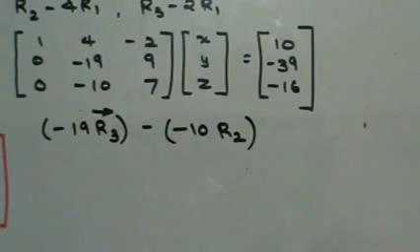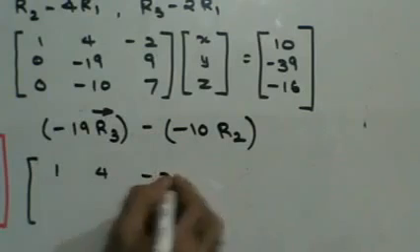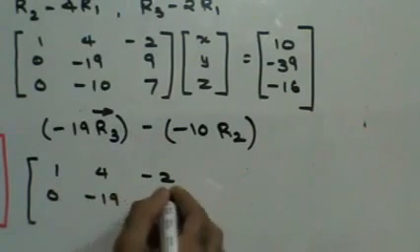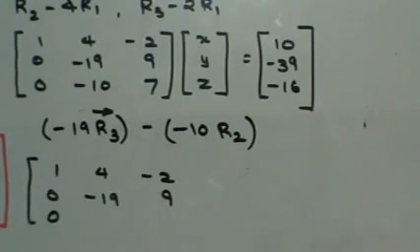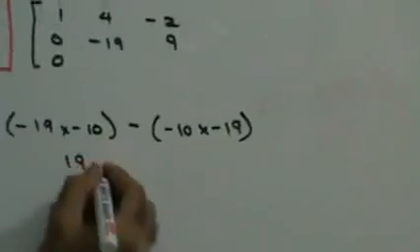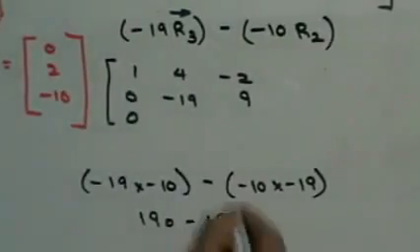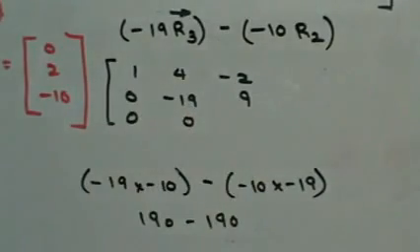Now, once you have this, let's see this. This is going to be 1, 4, minus 2, 0, minus 19, 9, 0, 0. Now, this is minus 19 into minus 10 minus 10 into minus 19. So this is 190 minus 190, which will give you 0.